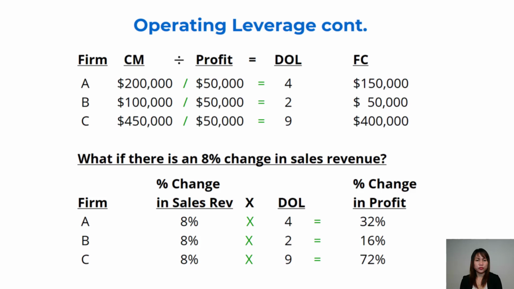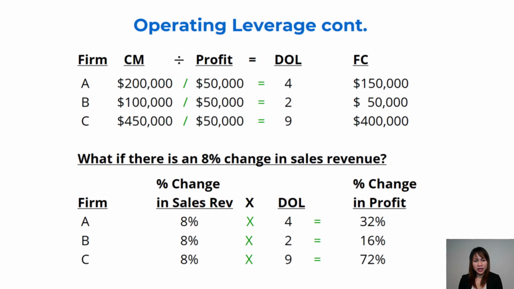Degree of operating leverage is calculated from contribution margin divided by profit. Therefore, degree of operating leverage for firms A, B, and C are 4, 2, and 9 respectively. We can see here the highest degree of operating leverage is C, followed by A and B. What if there is an 8% change in sales revenue?